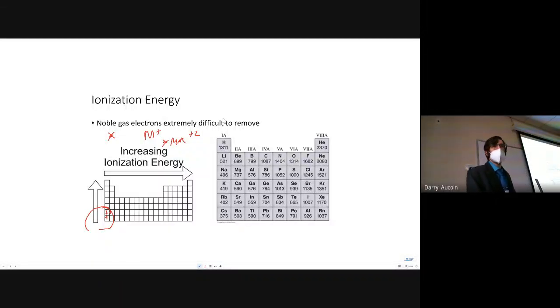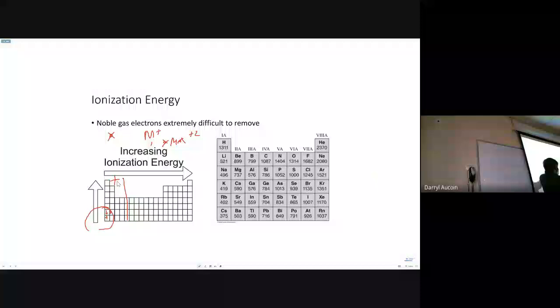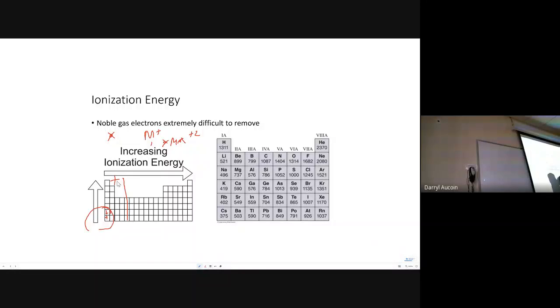These are all the atoms that are generally bigger than the atoms over there, and because they're bigger, it's really easy to take away their electrons compared to the atoms on the other side.